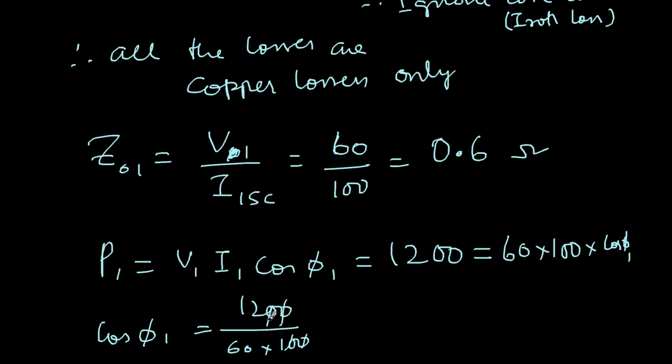Zeros go. So 12 by 60, 6 2s are 12 and 6 10s are 60. So 1 by 5, or 0.2, is the power factor.